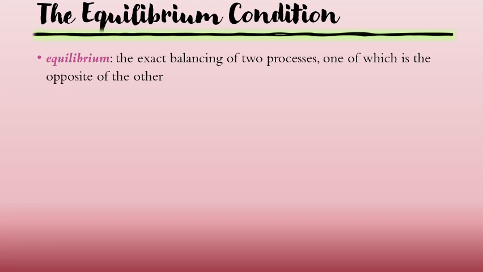We talked about this a little bit when we looked at vapor pressure, when we had properties of liquids, and then when we looked at colligative properties of solutions. That happens at an equilibrium position, because what equilibrium means is it's the exact balancing of two processes that are opposite from each other.